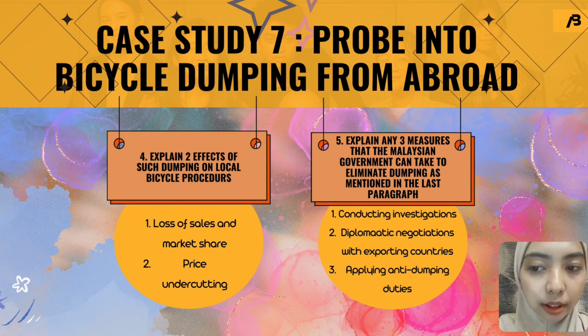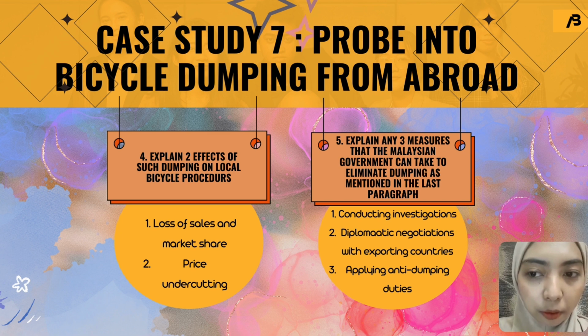The second effect is price undercutting. Dumping may result in the sale of imported bicycles in Malaysia at a substantial discount to local bicycle prices. Local producers may find it challenging to compete on price as a result, which could result in a loss of market share.